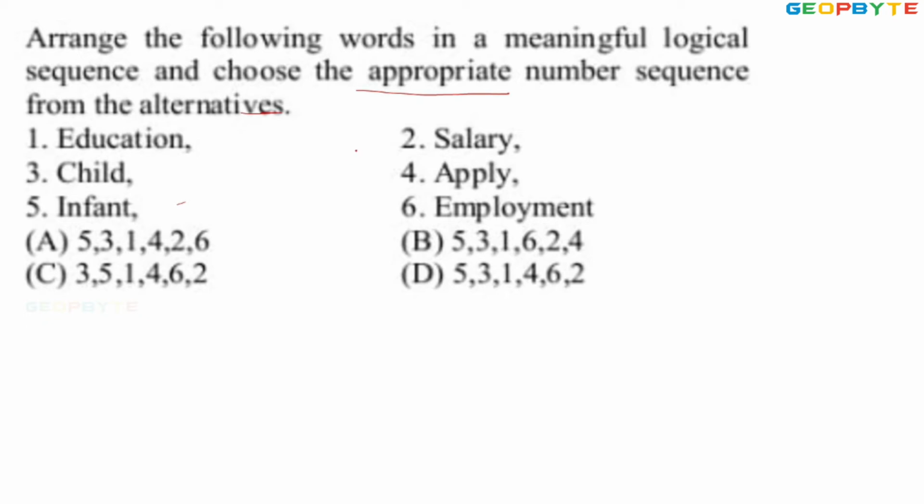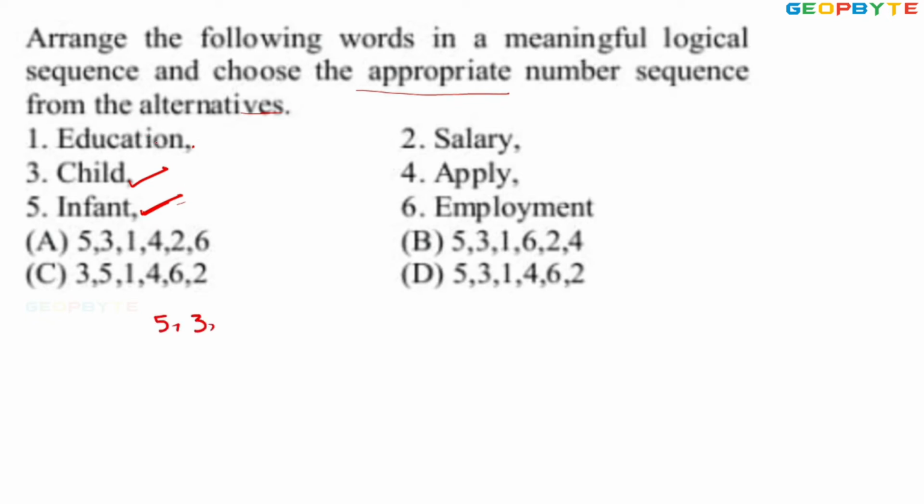Education, child, infant, salary, apply, employment. Out of these six, what is the order? First, infant, before the baby, starting position. After infant, we get child. Child next. So 5 first, next 3.